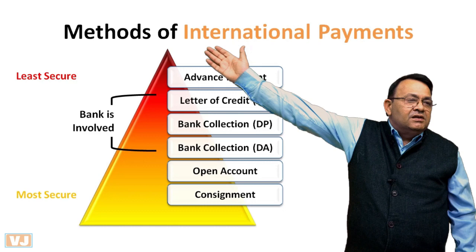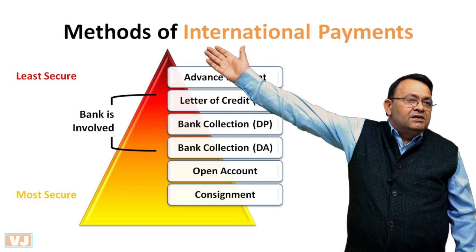So these different payment methods have their own significance, their own importance, and depending on the product, the industry, and the practices of a particular country of origin or the country of destination, different payment methods are used and negotiated and bargained depending on the bargaining power of the supplier and the importer.